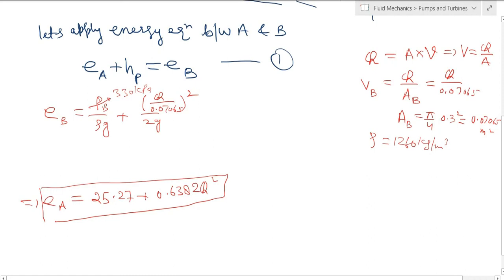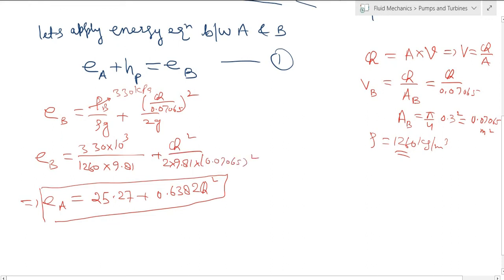Now rho is 1260, so let me write EB is equal to 330 kilo, meaning 10 power 3 Pascal, divided by 1260 multiplied by G, 9.81, plus Q square divided by 2 multiplied by G, 9.81, multiplied by 0.07065 square.